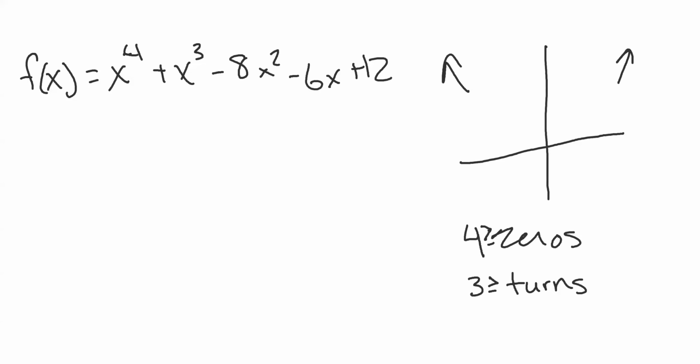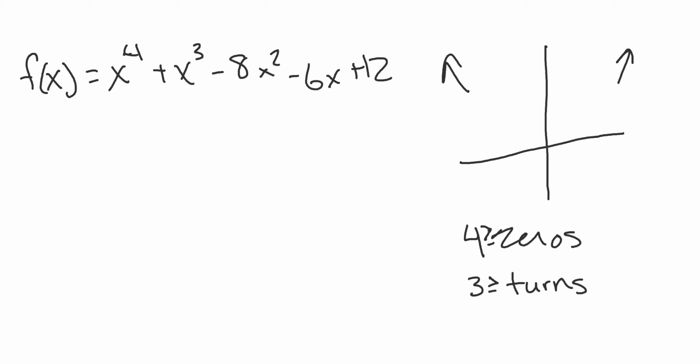Now, in order to figure out where this does cross the x-axis, we're going to need to factor it. To figure out what some of its factors might be, we can use Descartes' rule. We can figure out how many rational zeros we are using the coefficients of the leading and the final term.